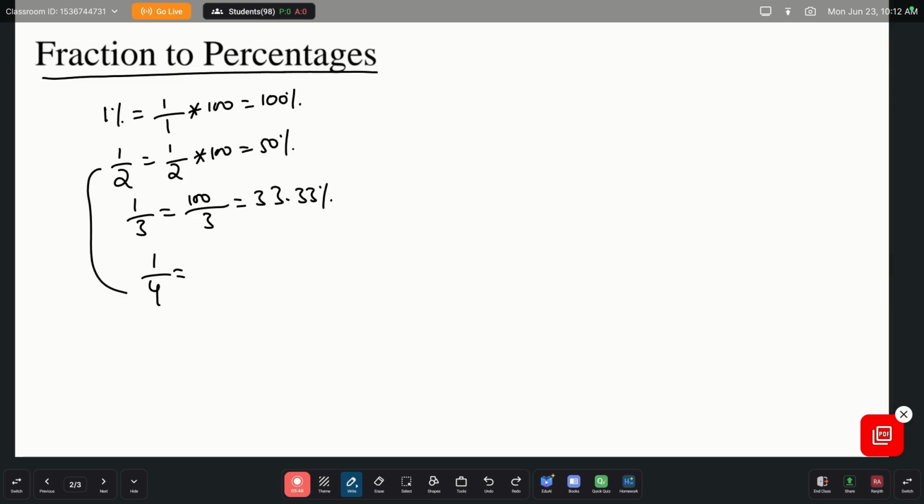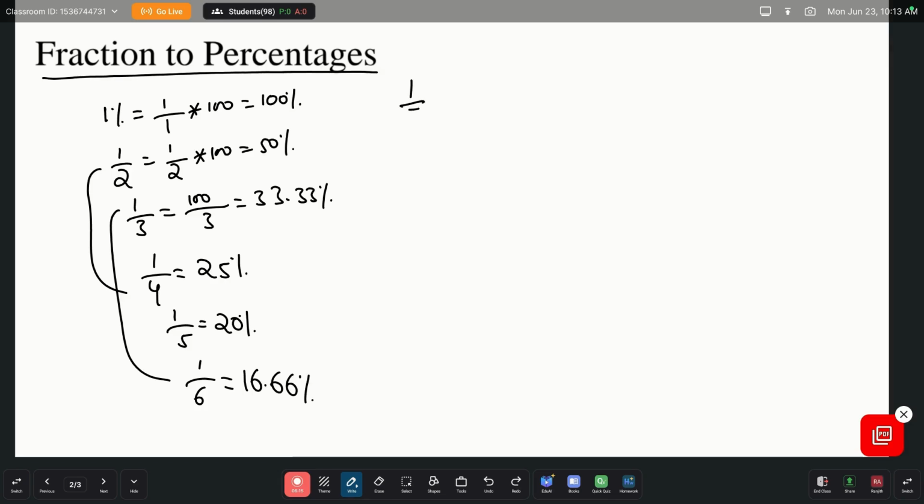Already 1 by 2 equal to 50 percentage. Half of 50 percentage equal to 25 percentage. 1 by 5 equal to 100 by 5 equal to 20 percentage. 1 by 6 will be equal to half of 1 by 3, which is 33.33. Half of 33 will be equal to 16.66 percentage.